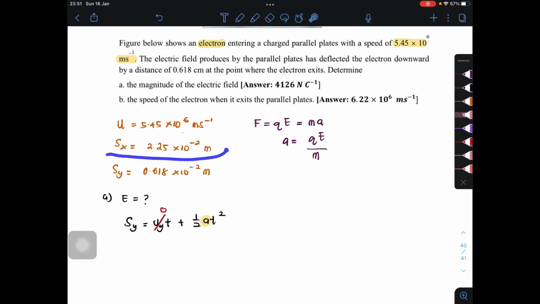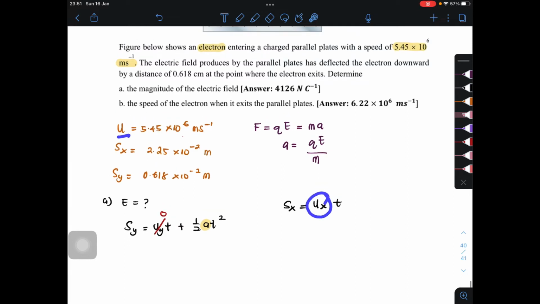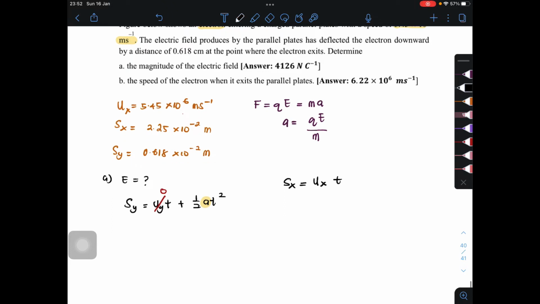We can write the formula for Sx instead. Sx is equal to Ux t. Since we have Ux, the U given is equal to Ux. So from here we can get the value for t.